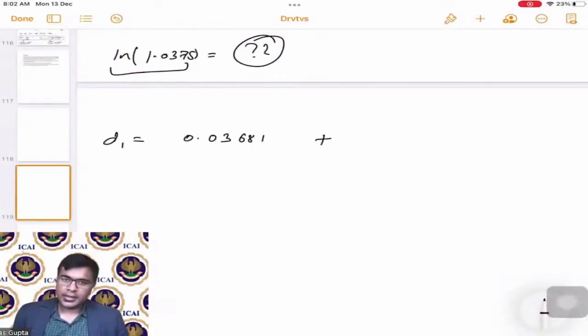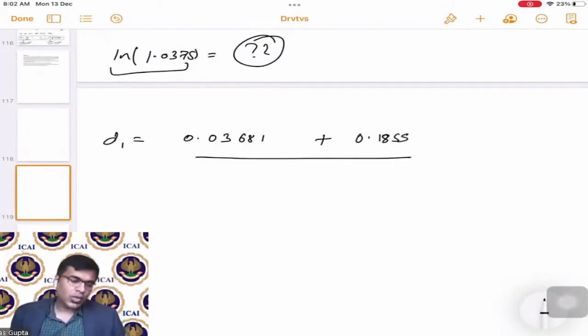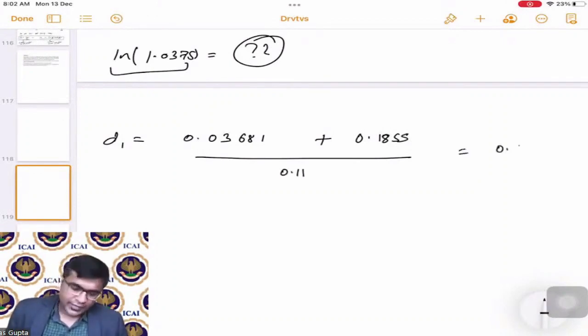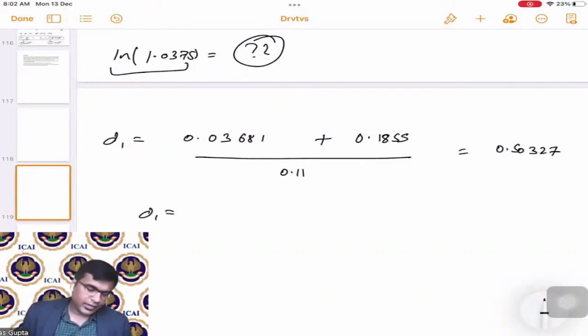Plus, if you solve the other bracket, it will come as 0.1855. This whole divided by 0.11, if we solve this, comes as 0.50327.